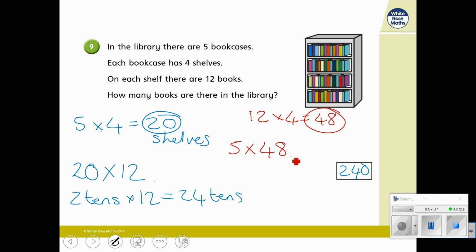And the way I would do that is I would say 40 times 5 and 8 times 5 and add them together. 8 5s are easy, that's 40. 40 is 4 tens times 5. So 4 tens times 5 is 20 tens, which is 200. So my answer again is 240.